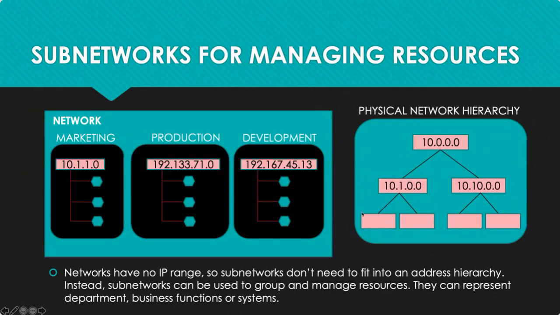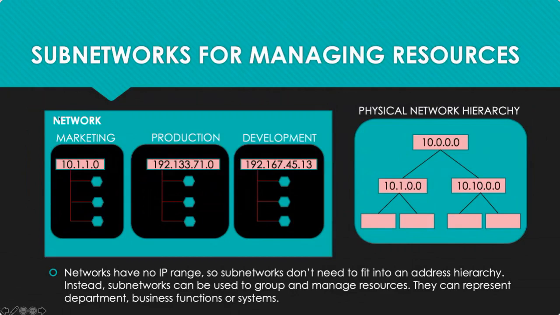And underneath that, you'll have resources which will have an IP address like 10.1.0.1, 2, 3, and so on, right? And this is what a hierarchy will look like in general in any other cloud platform or any other physical network that you are architecting or designing, right?